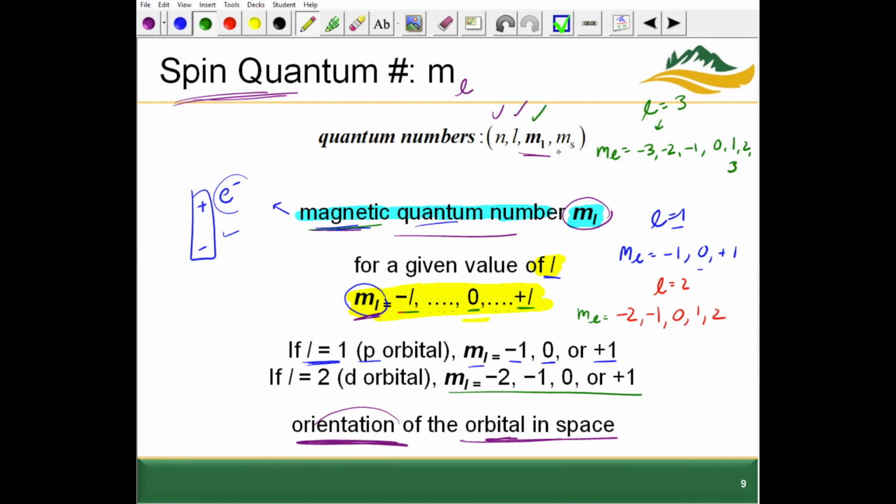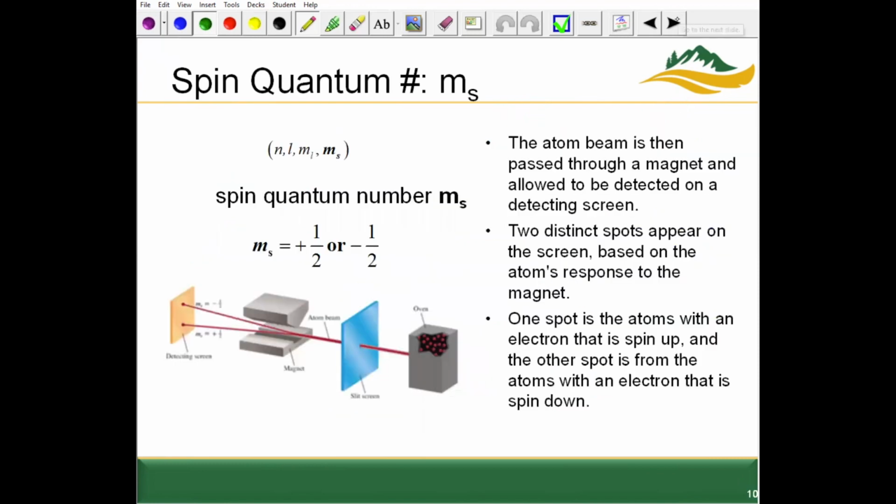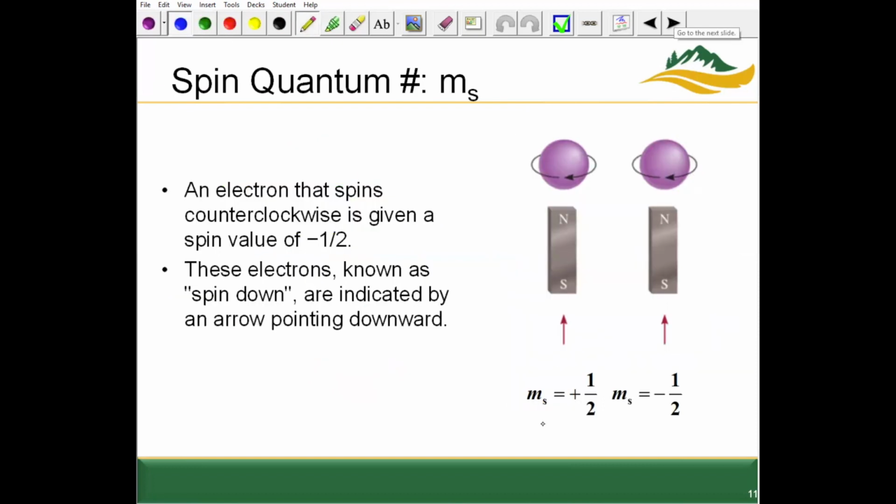Let's go on to the last one now, so m sub s. m sub s is our spin quantum number. The possible values for m sub s are only either plus 1/2 or minus 1/2. What does this really mean?